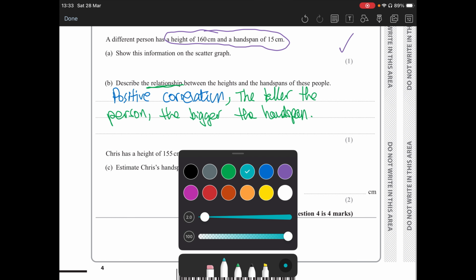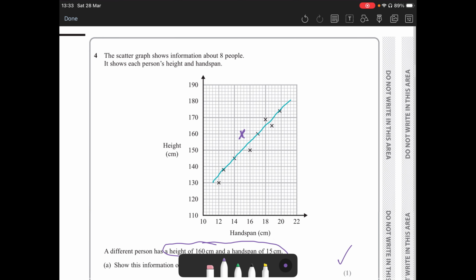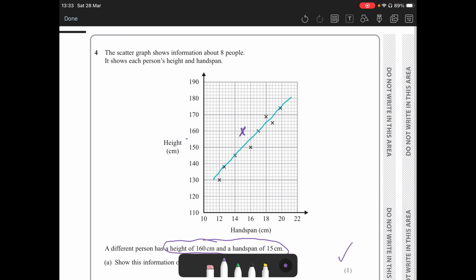The second mark we get from actually using the line of best fit properly. So we want to estimate somebody with 155, which would be here. And again, you would need a ruler for this part. So you draw a straight line up to the bit where it hits your line of best fit, and then you do a line vertically down.